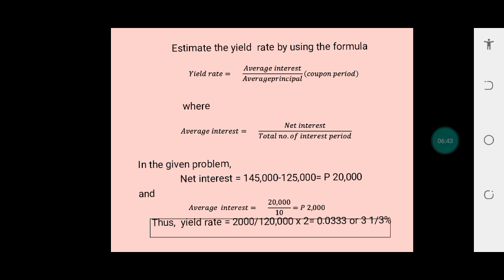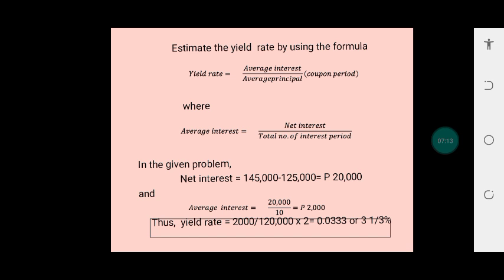Using the net interest, 145,000 minus 125,000 is equal to 20,000. The average interest is equal to 20,000 over 10, where 10 is the number of periods, which is equal to 2,000.